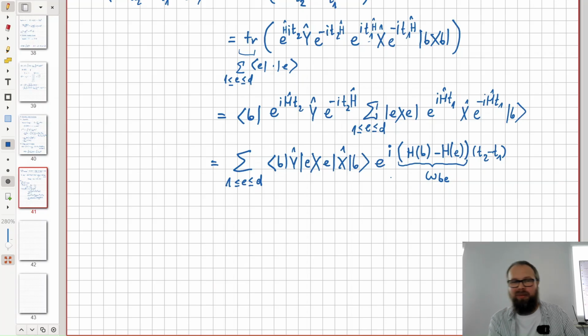One more thing. These are basically matrix elements of the operators y and x.